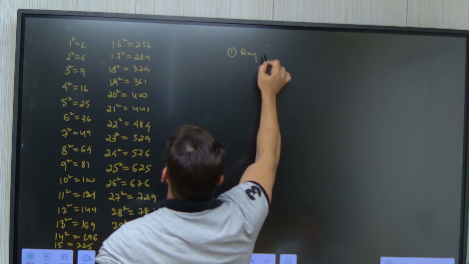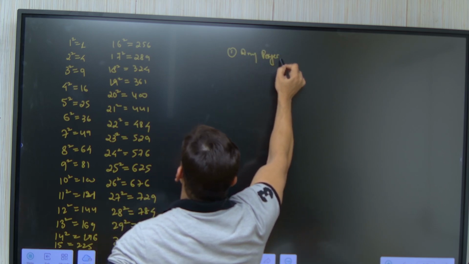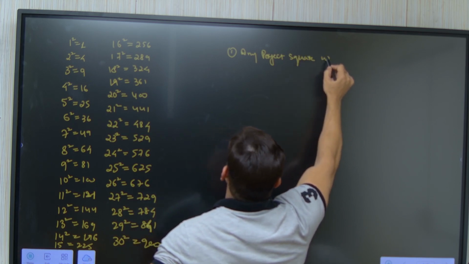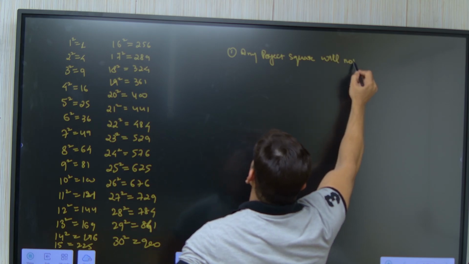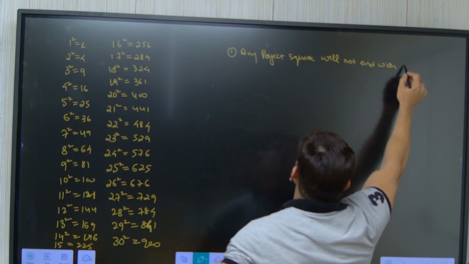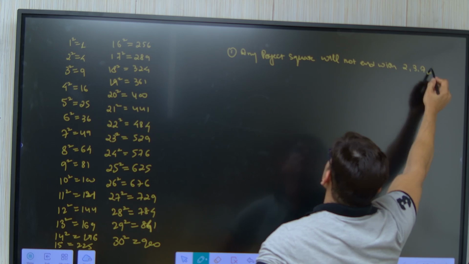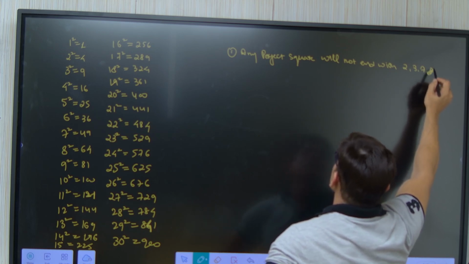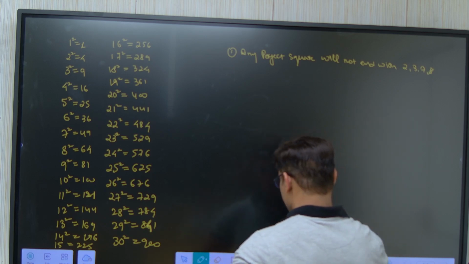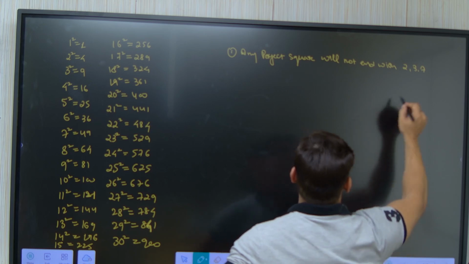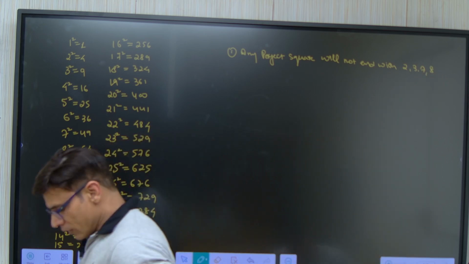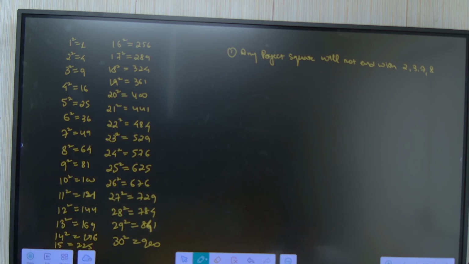Very good. Any perfect square will not end with 2, 3, 7 and 8. Any perfect square will never end with 2, 3, 7 and 8.